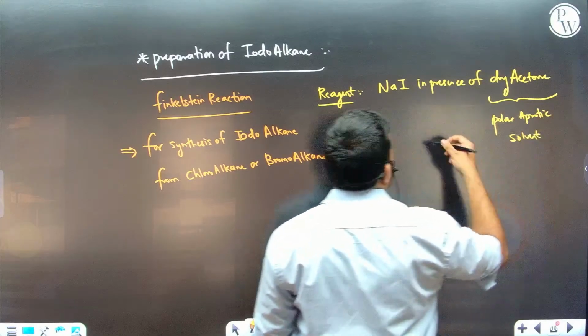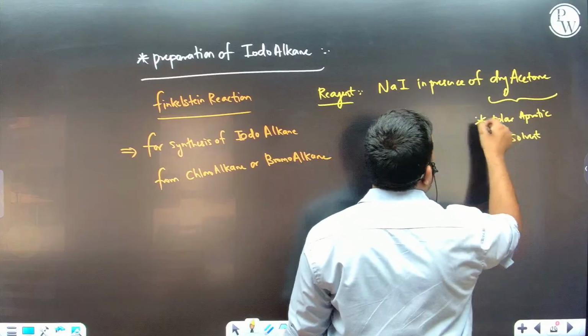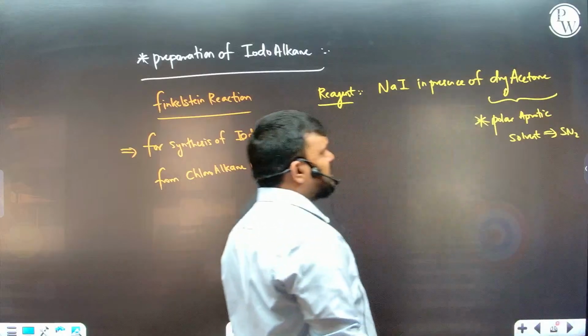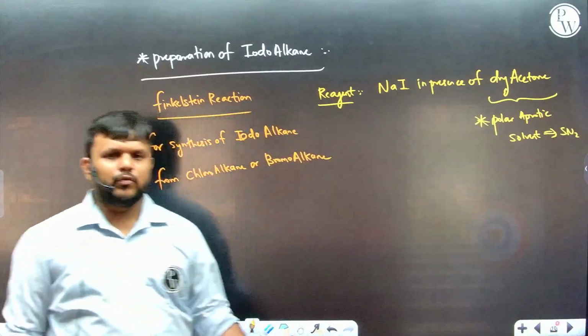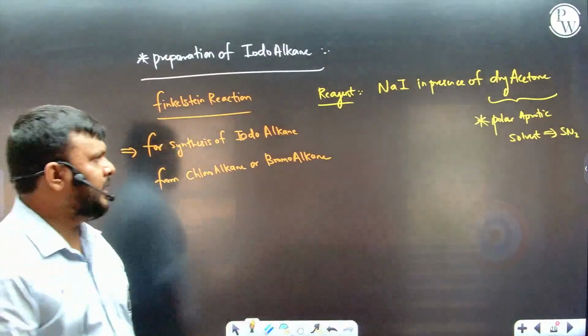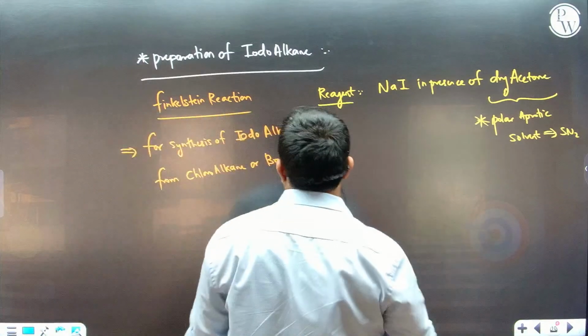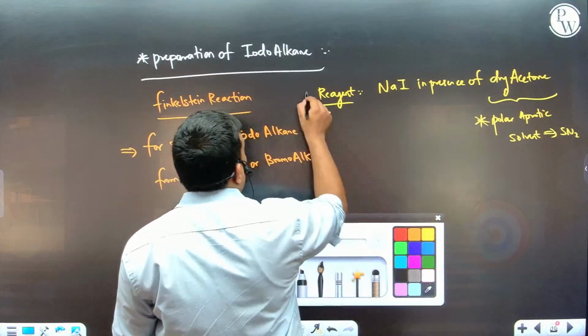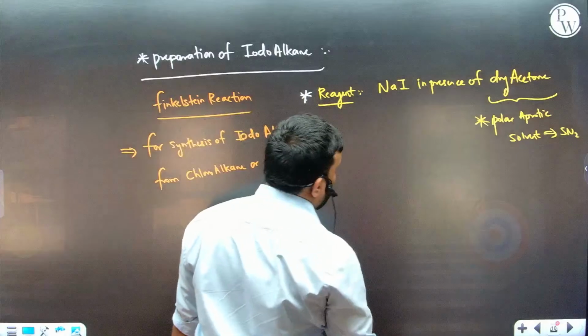So in this case mainly there is possibility of SN2 reaction unless there is 3 degree. Most of the cases we can say directly that it will favor the SN2 mechanism in case of this reaction because we are having polar aprotic solvent.